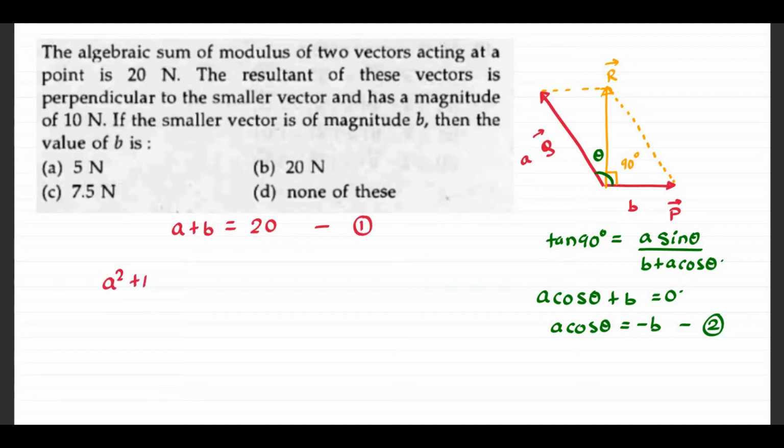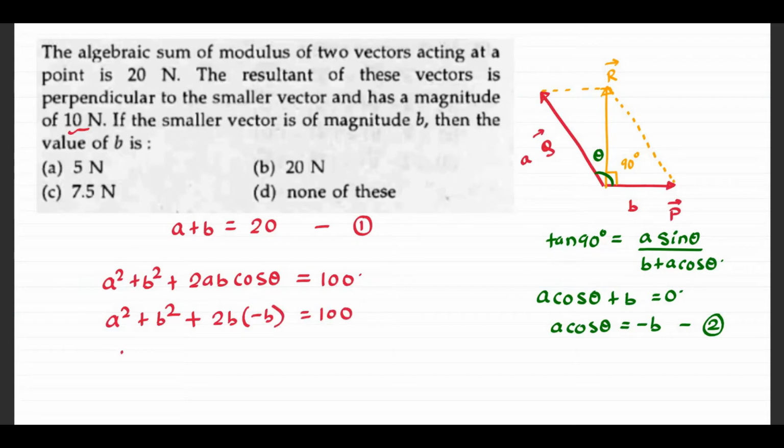So can I say the resultant of two vectors will have this magnitude equal to magnitude squared, that will be 100. Instead of A cos theta I can write minus B. I can write A square minus B square as A plus B and A minus B. A plus B is 20, so A minus B turns out to be 5. This is equation 3.